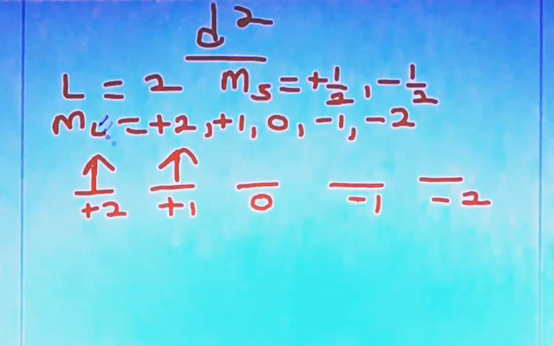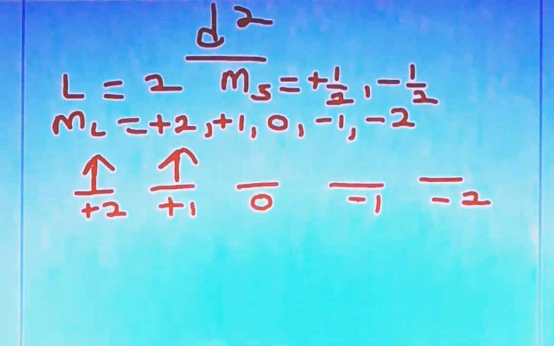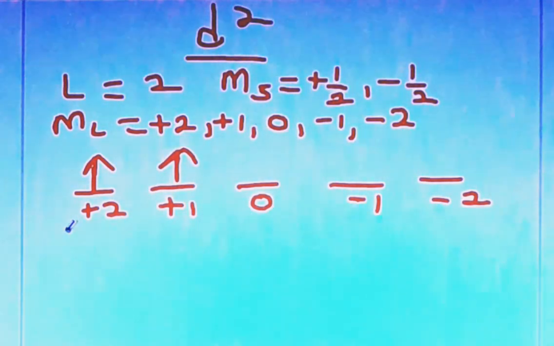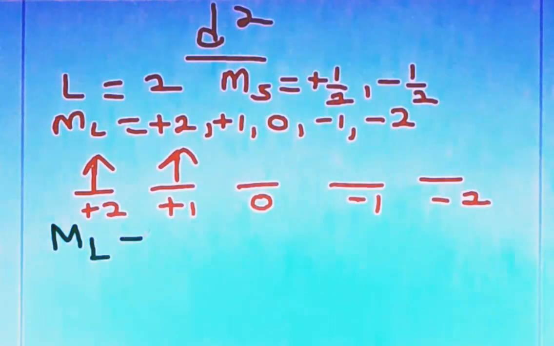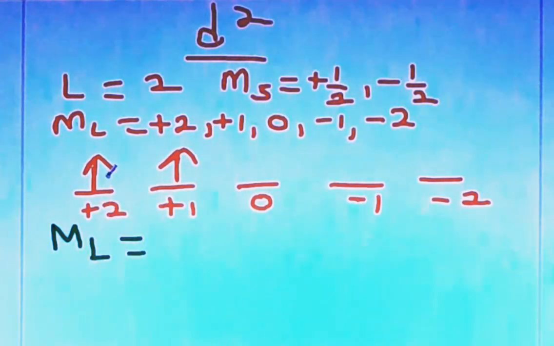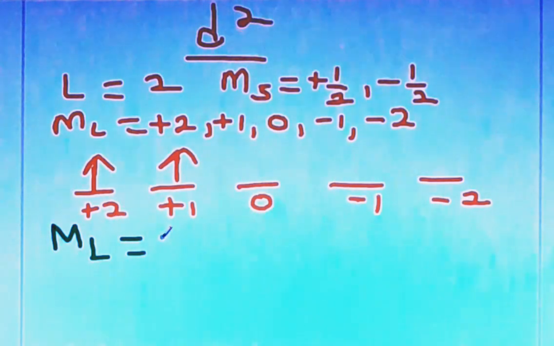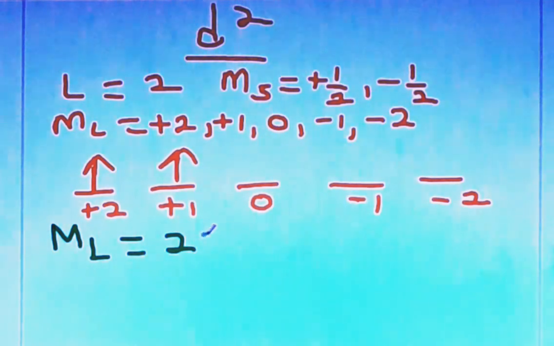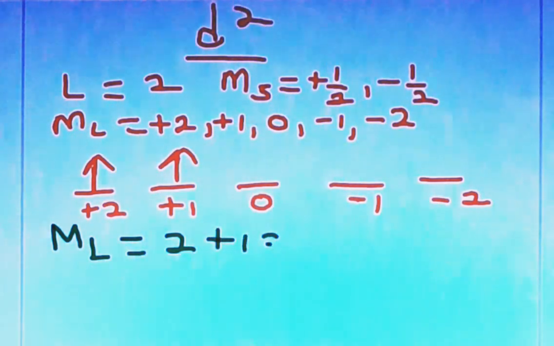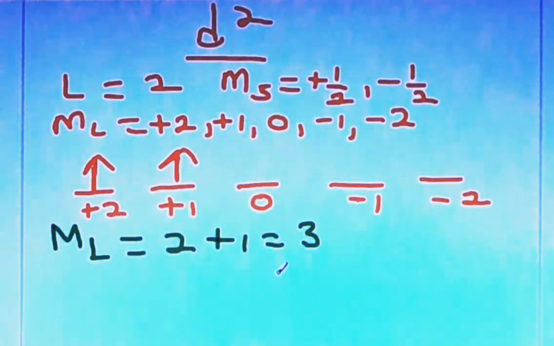So let me use a different color here. The total orbital magnetic quantum number is represented by ML. Since we have an electron in this orbital, the magnetic quantum number is 2, and an electron in this orbital, the magnetic quantum number is 1. So we have the total orbital magnetic quantum number to be 3.